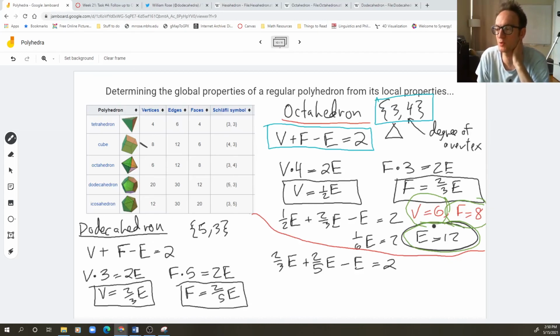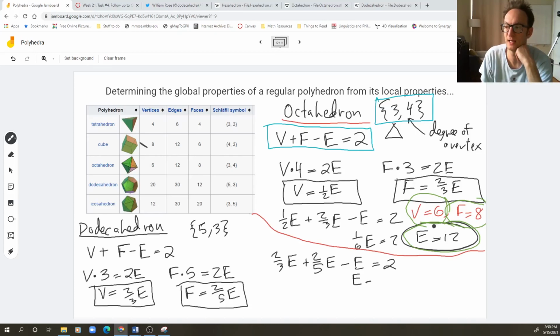All right, what is 2/3 plus 2/5? Man, I don't know. 10/15ths and 6/15ths, so that's 16/15ths. Minus 15/15ths is 1/15th. And then I multiply by 15.